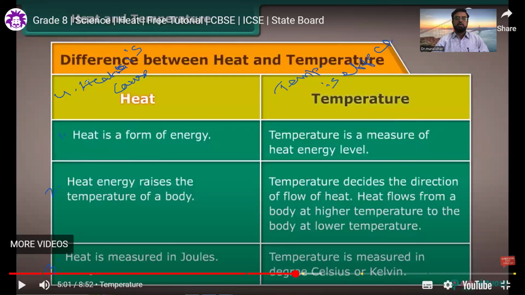Some more part needs to be explained. So heat is cause, temperature is effect, right?